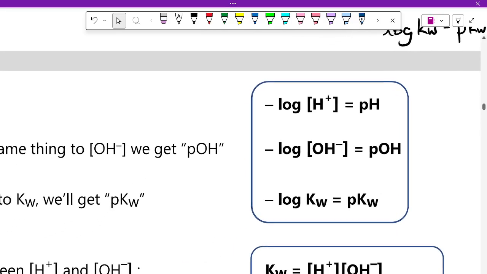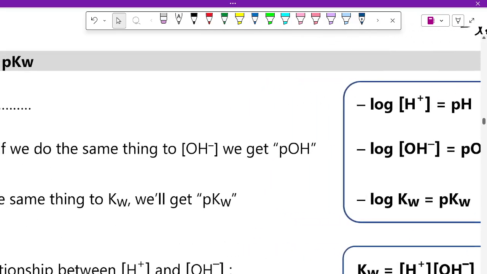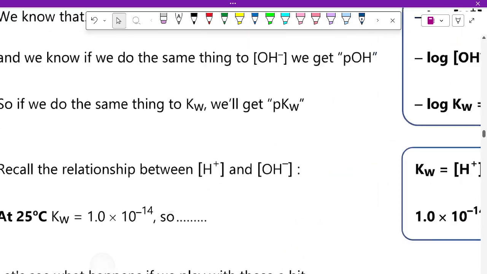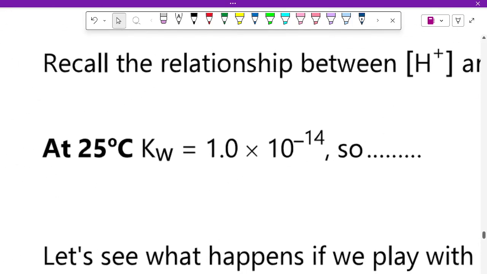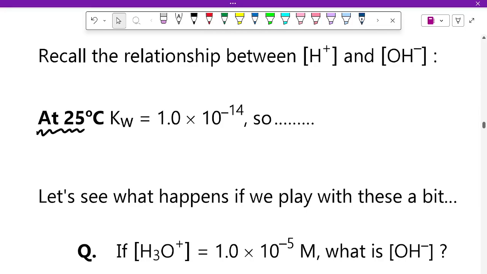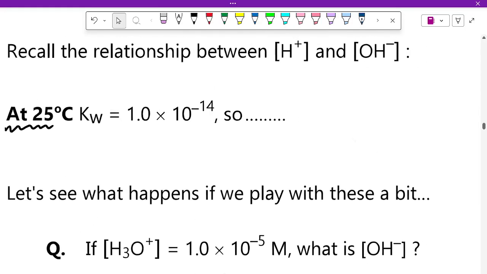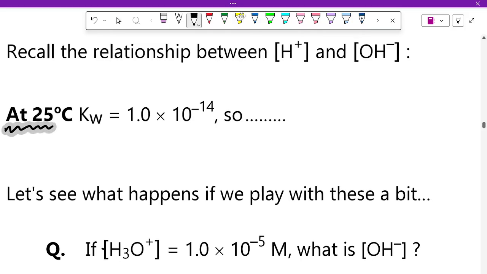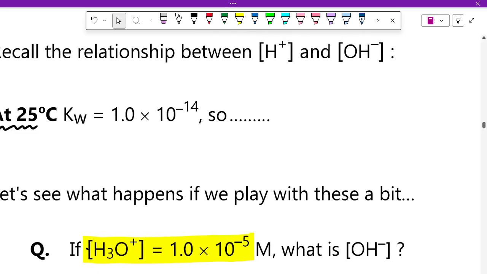And we can actually do that math at 25 degrees Celsius. Kw is 1.0 times 10 to the negative 14. So let's play with these numbers a little bit here. If the concentration of hydronium is 1 times 10 to the negative 5, what is the concentration of hydroxide?